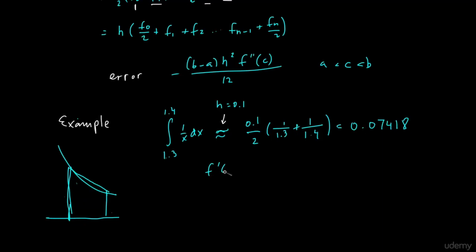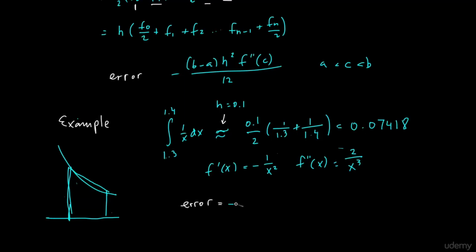Okay, so we can also calculate the error, because we can take the derivative. So the first derivative of the function is equal to minus 1 over x squared, and the second derivative of the function is equal to 2 over x cubed. So essentially we can plug in the second derivative in here and calculate those values. So let's just calculate the error.